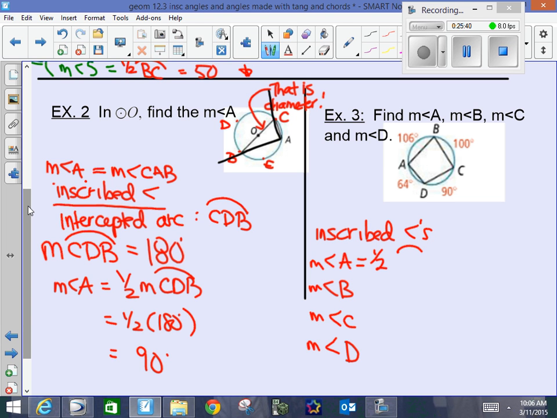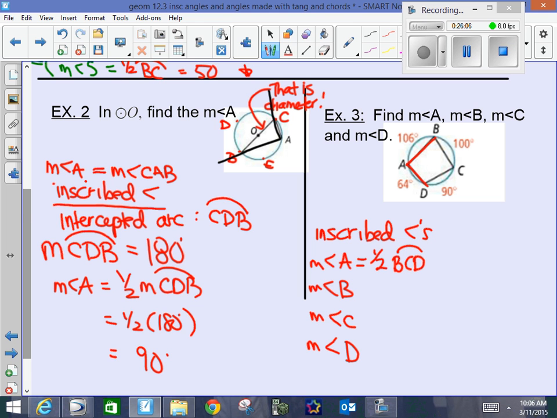What's the intercepted arc for angle A, Elena? BCD. And I like how she was specific. She could have said BD, but BCD is very clear. It says start at B, go through C, and into D.